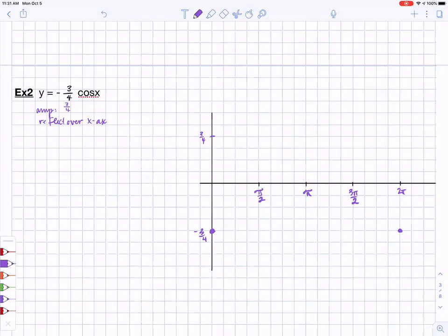Okay, what about the middle? Where is the cosine parent in the middle, generically? At a minimum. Where is this guy going to be in the middle? At a maximum. Where is the cosine parent at the quarters?